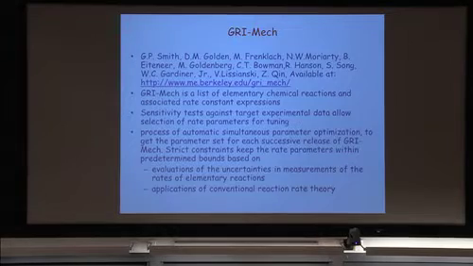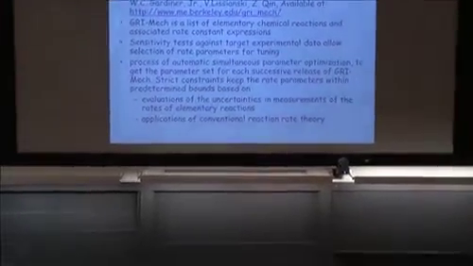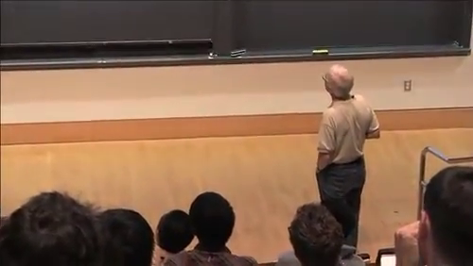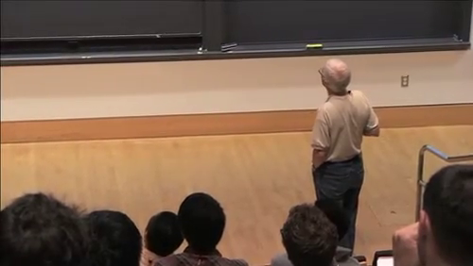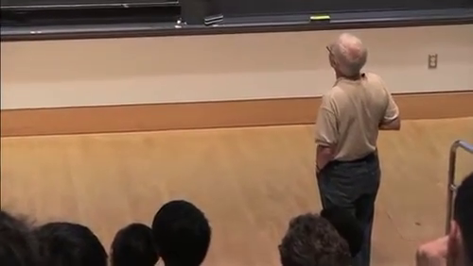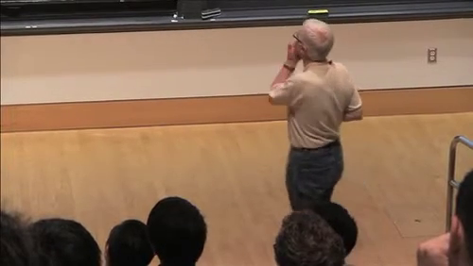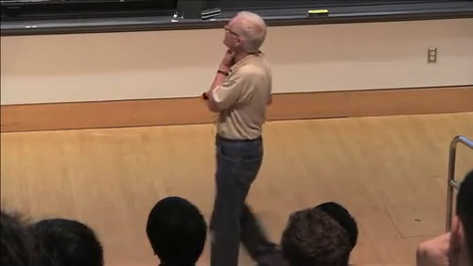The process of automatic simultaneous parameter optimization gives the parameter set for each successive release of GRI-Mech. And there are strict constraints kept on the rate parameters within the predetermined bounds based on evaluations of the uncertainties and applications of conventional reaction rate theory.